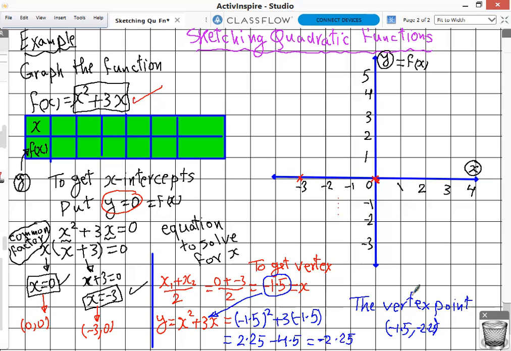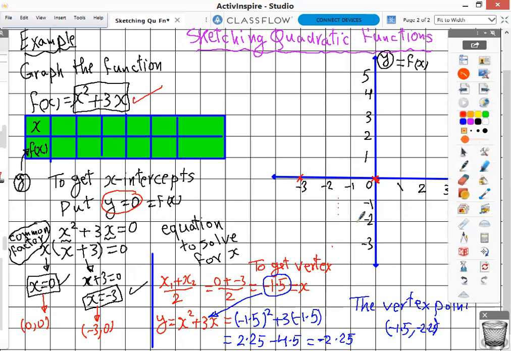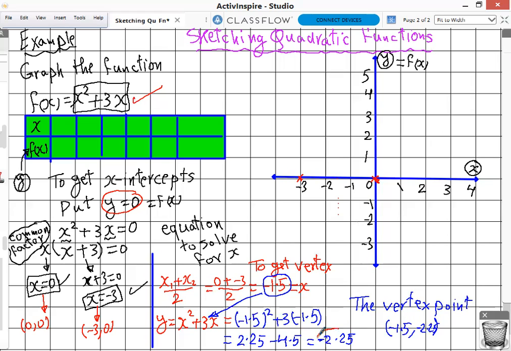Okay. How can we determine this point? Okay, again. To get the x-intercept, are those steps clear for all of you? Yes, factorization.